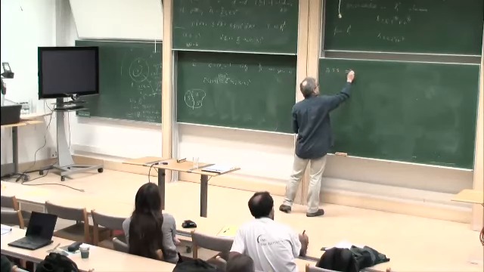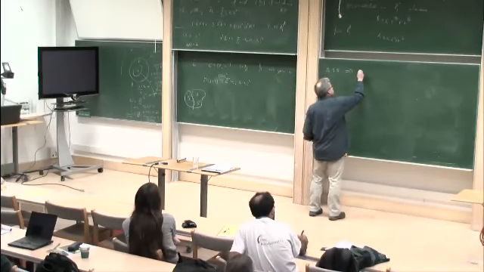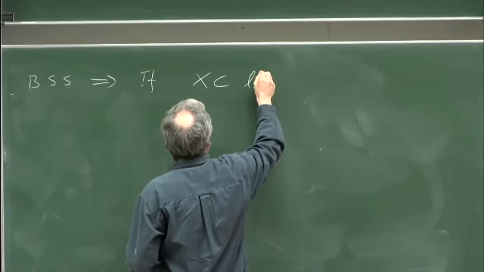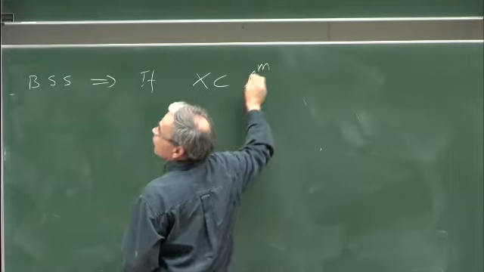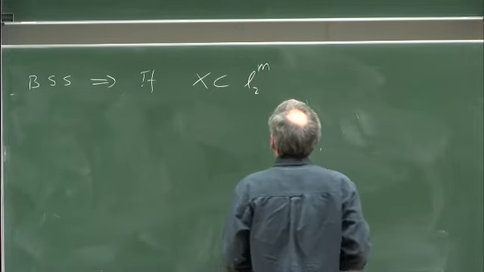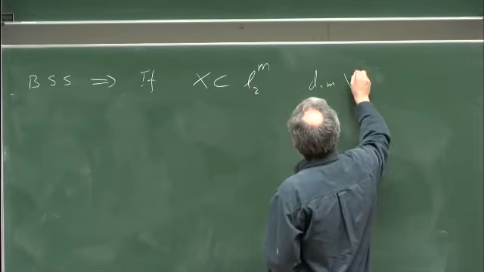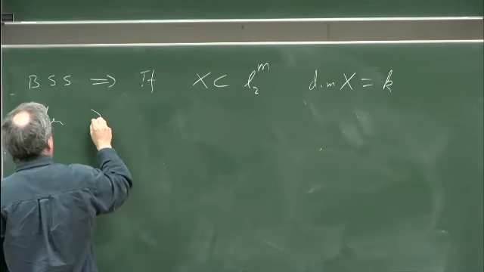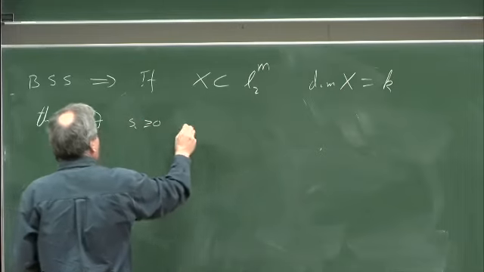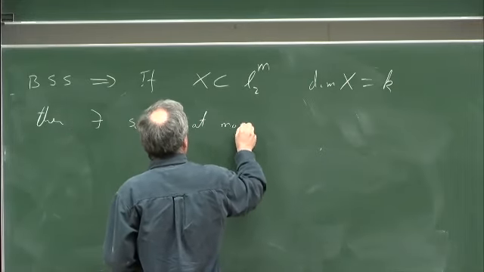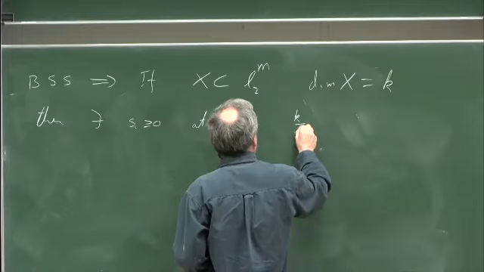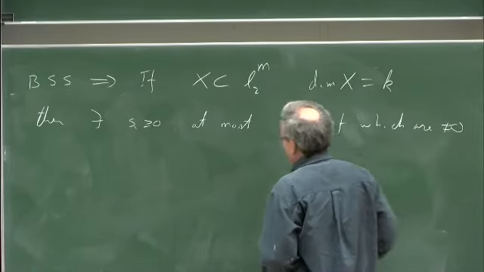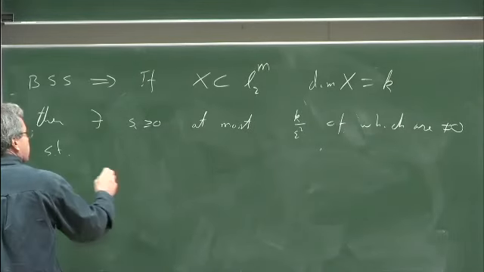But this implies the following: if X is a subspace of L2 M, where M is the number, of dimension K, then there are weights, at most, as before, K over epsilon of which are non-zero, such that the following happens.